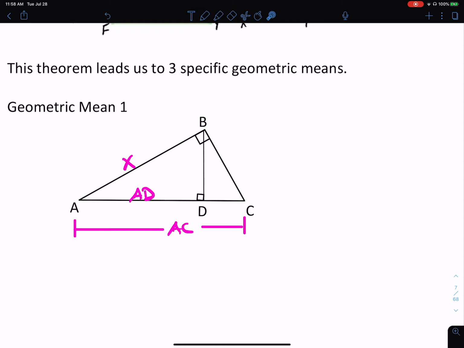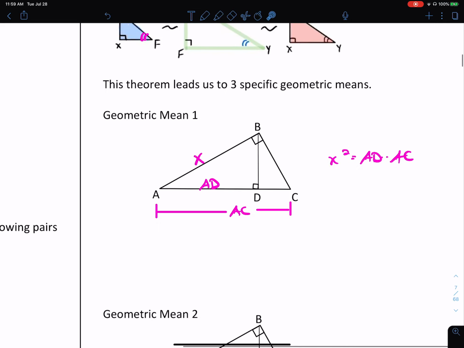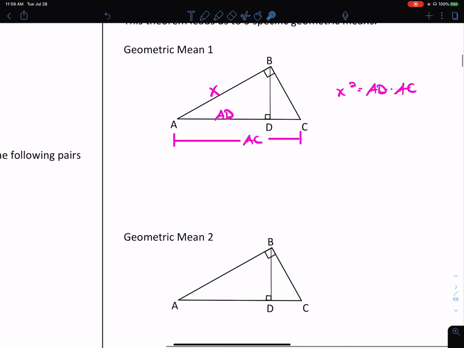X is the geometric mean of AD and AC. X, which is a leg of the original right triangle, is equal to the product of this partial hypotenuse times the entire hypotenuse. Let's look at geometric mean 2, and you can see a similarity.